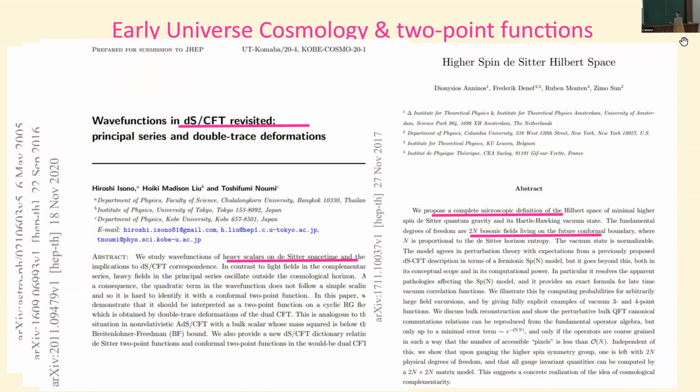The wave function will be the partition function of some non-unitary theory. This is really trying to find the operators, the states in the Hilbert space. Yes, they do wave function calculations.